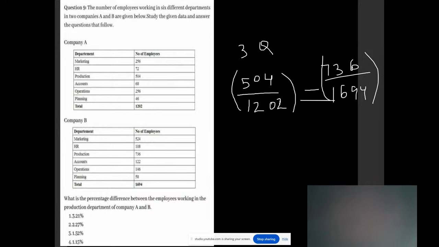If anyone got the answer, you can comment it. In company A, the percentage is 504 divided by 1202. Next, in company B, it is 736 by 1694. Here you get a fraction value. In order to convert fraction to percentage, you should multiply it by 100.